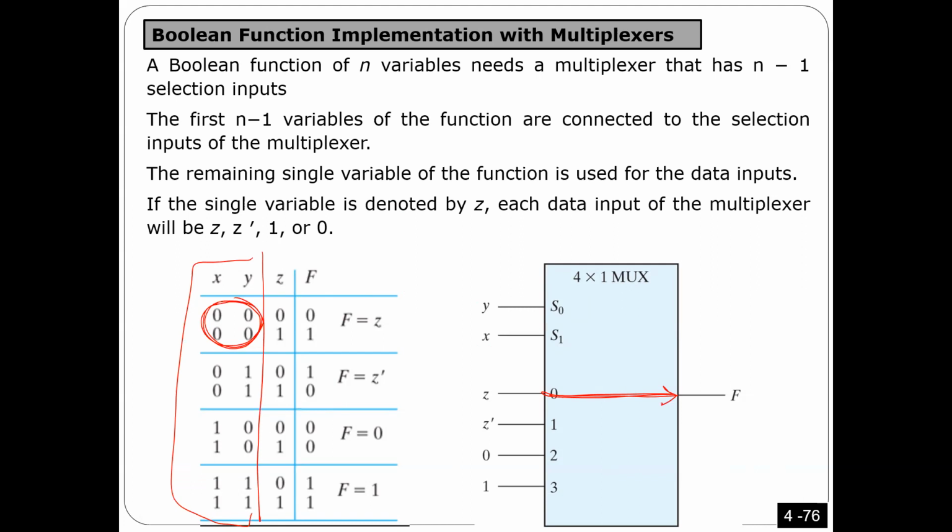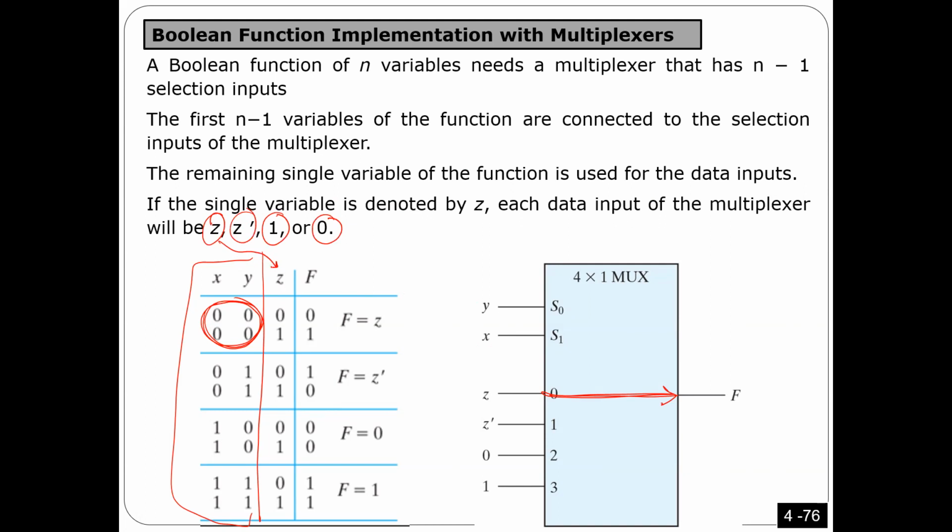So what should I put here? What you have to put, as you will see right now, is one of these: either 0, or 1, or z, which is the third variable, or z prime. So you are going to use the third variable as input.